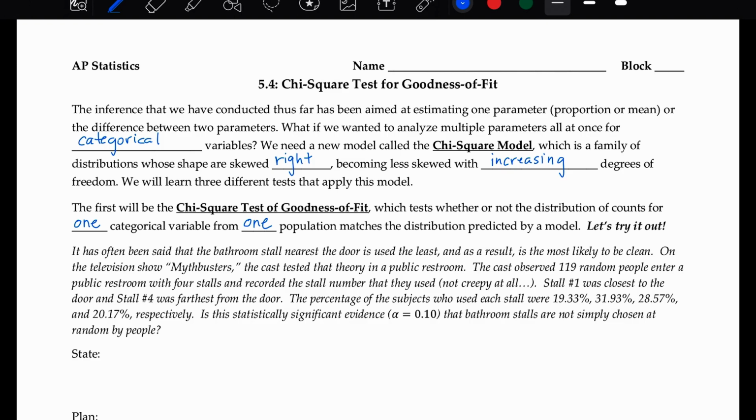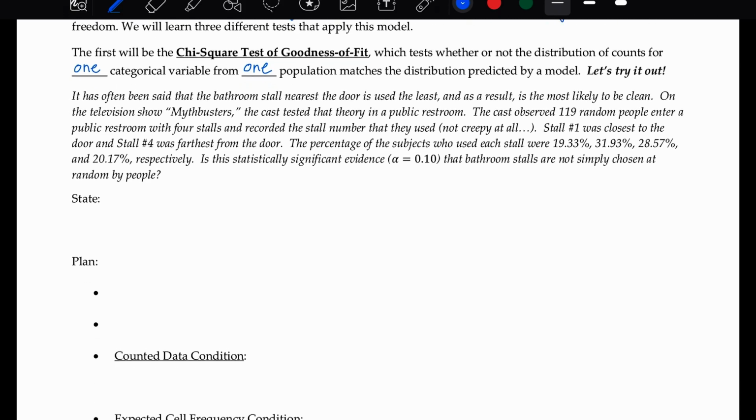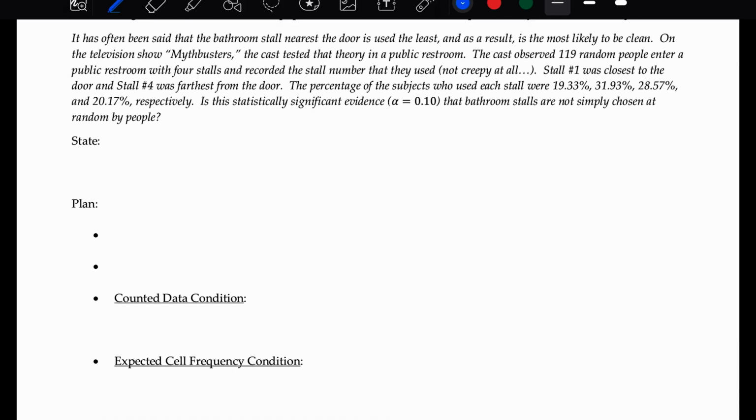So we're going to try this out. It's often been said that the bathroom stall nearest the door is used the least, and as a result is most likely to be clean. On the television show Mythbusters, which is a good show if you haven't seen it already, the cast tested that theory in a public restroom.